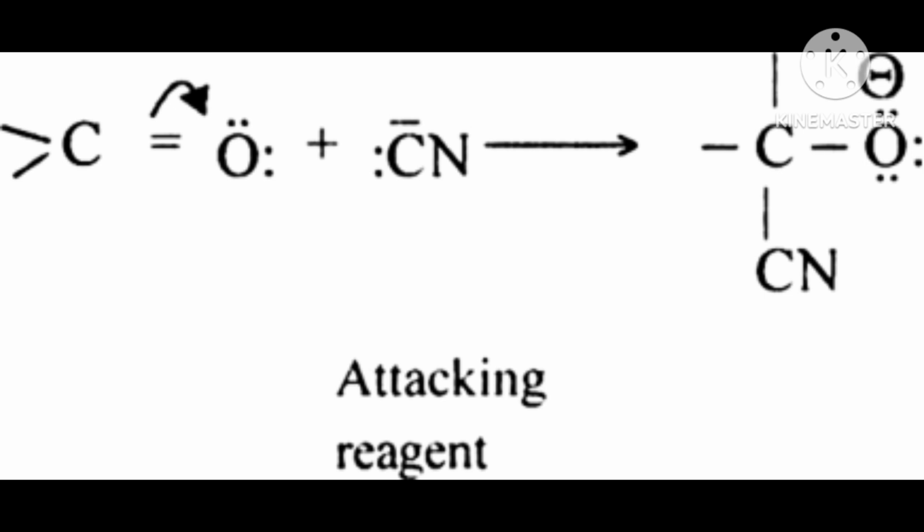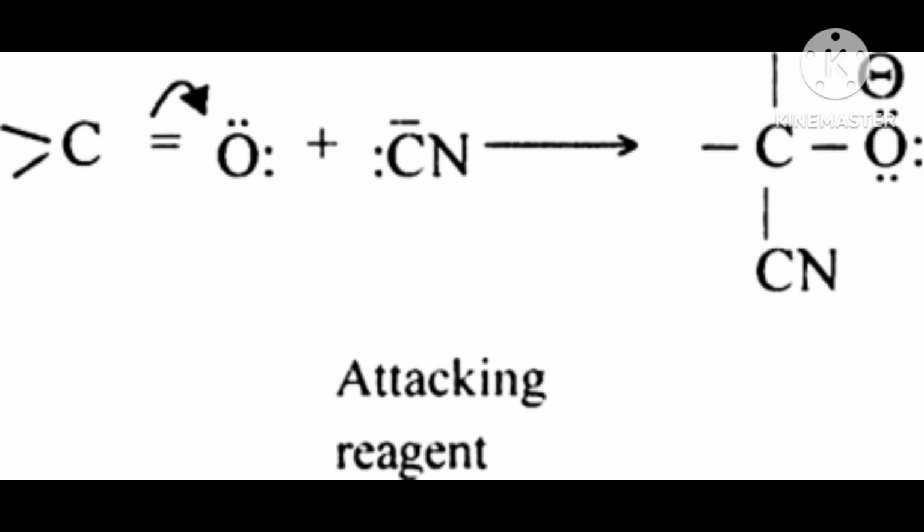This alternate double bond and single bond may be in a long chain or in a cycle, just like benzene. Whatever example I gave was in the case of benzene, but alternate double and single bonds may be in a straight line also, with four or five carbons: one single bond, then a double bond, again single, again double.